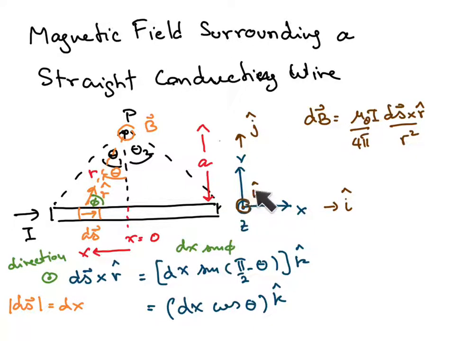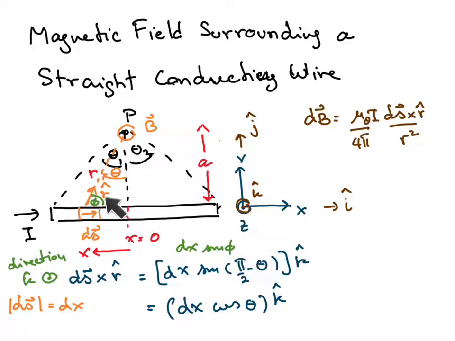So the unit vector k points out of the plane. So we can write ds cross r as the magnitude of ds cross r times the unit vector in this direction. So it means that it is dx sin φ times k.